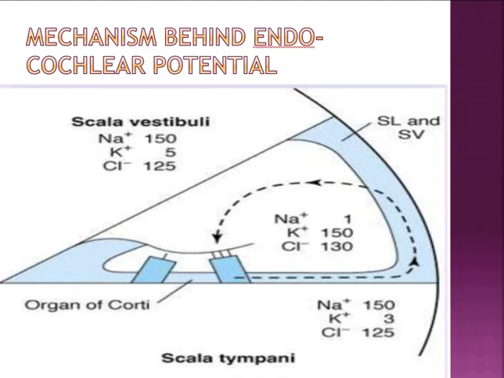You see, what is the mechanism? The lower portion of the hair cell is bathed by the perilymph, while the head portion is bathed by the endolymph.